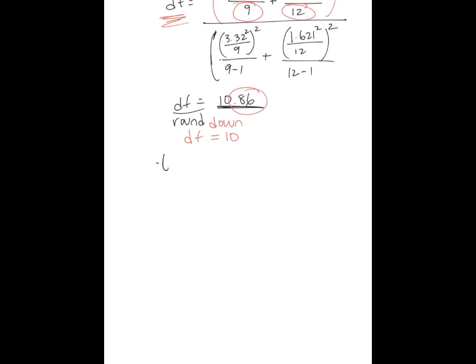So to find our t critical value, remember it depends on degrees of freedom, alpha, and the number of tails. Degrees of freedom is 10. Alpha is 0.1, and we have 2 tails. So our t critical value in this case is going to be negative 1.812.